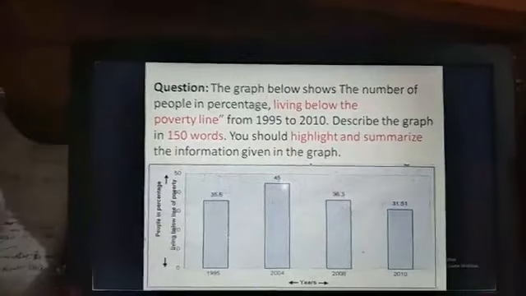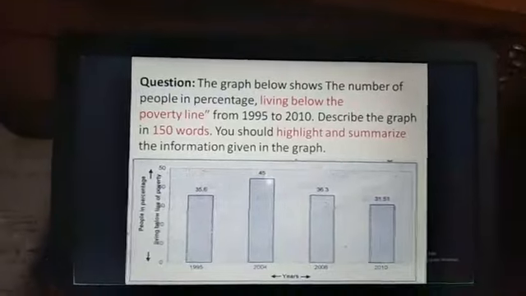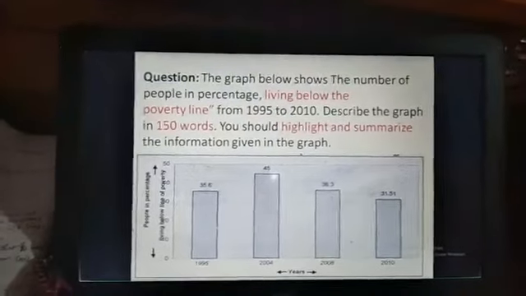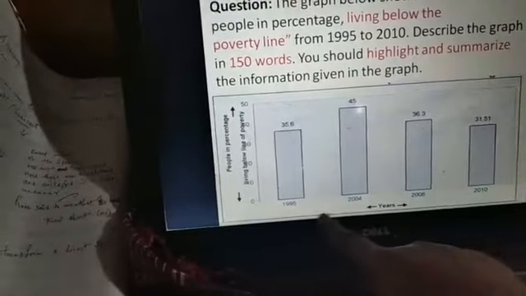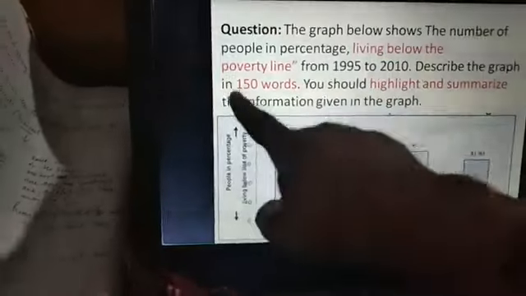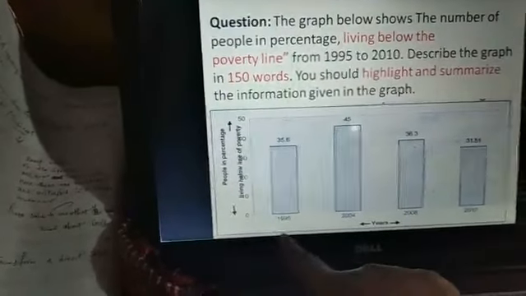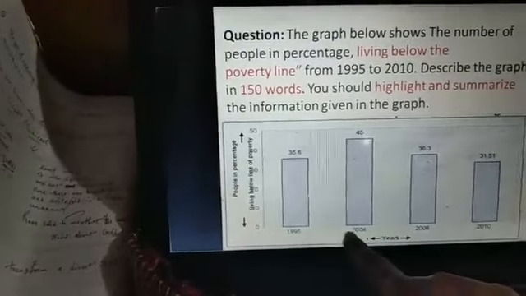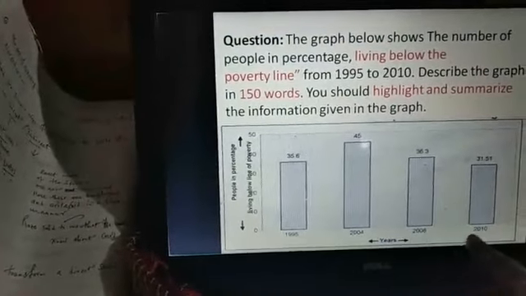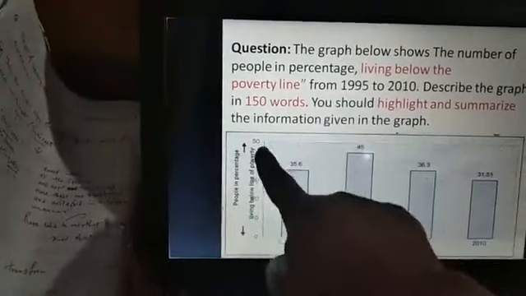If I explain this graph and chart, we will find that this is a horizontal axis and this is a vertical axis. On the horizontal axis we find the years 1995, 2004, 2008 and 2010. Here we find percentages.